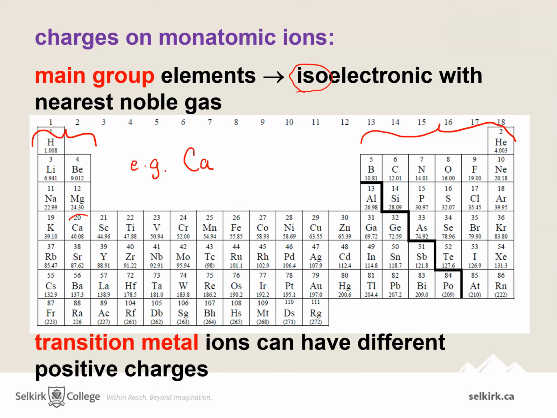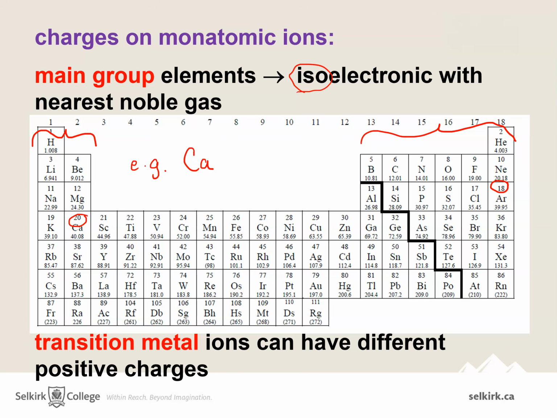Well, here's calcium. The nearest noble gas is argon. The atomic number gives the number of protons in the nucleus, but in a neutral atom, there's the same number of electrons. So a neutral argon atom has 18 electrons.